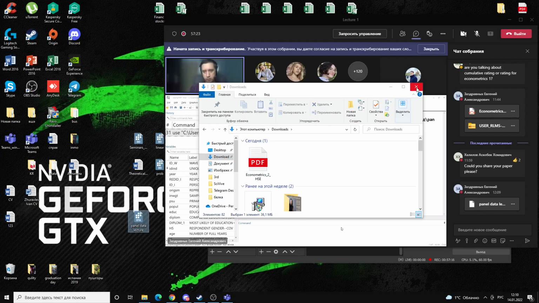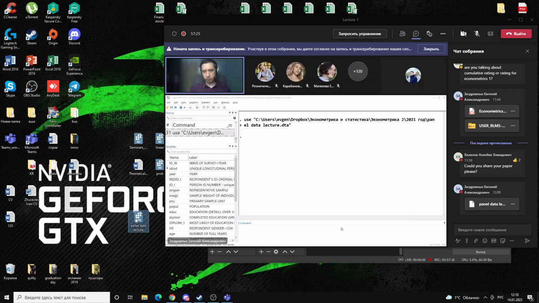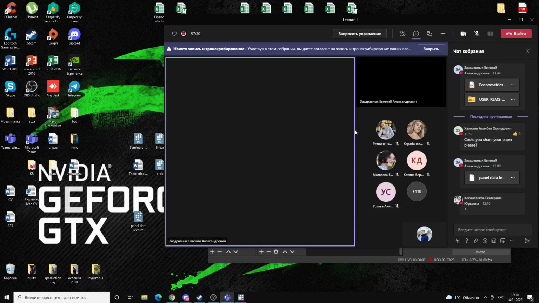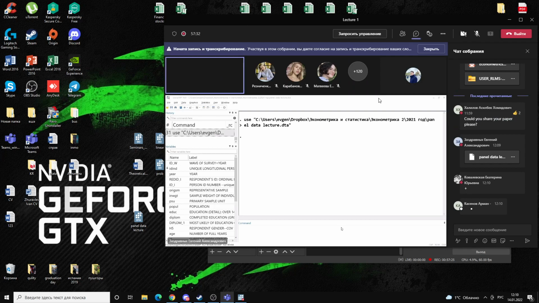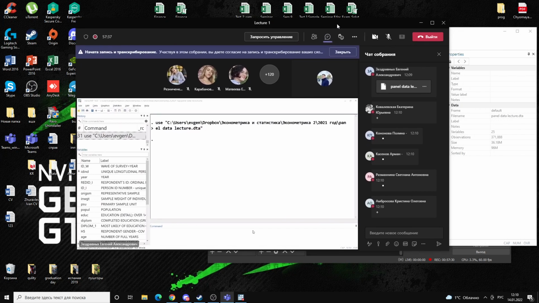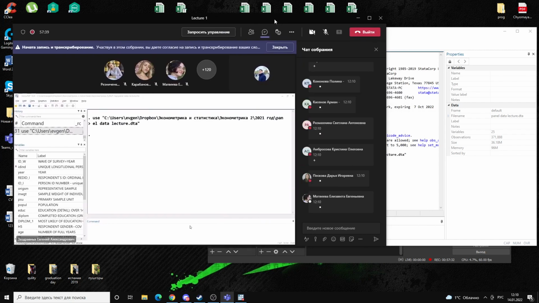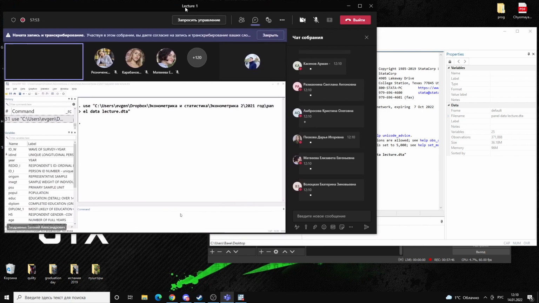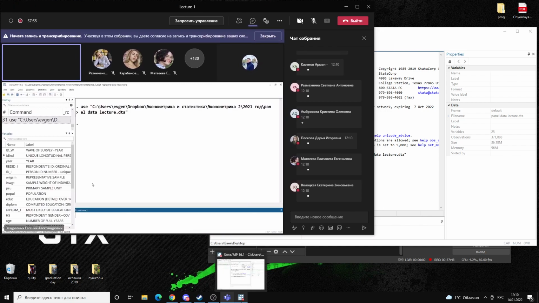Please type plus if you are ready for Stata. Okay, well, here in Stata, we work with panel data. First of all, what does panel data look like?